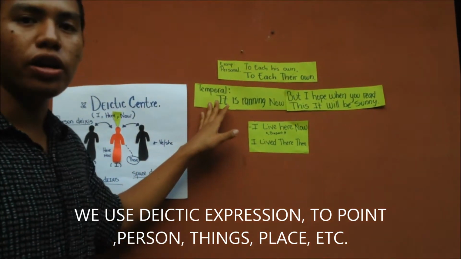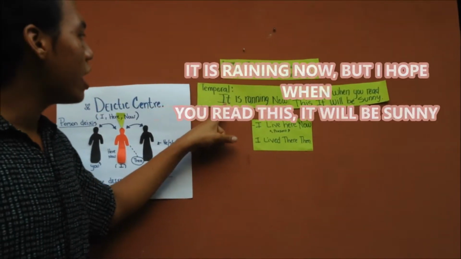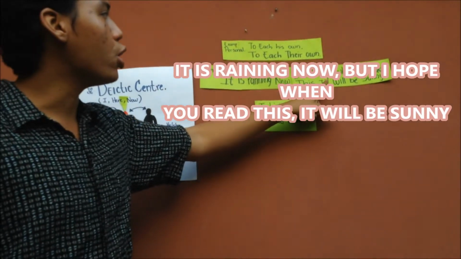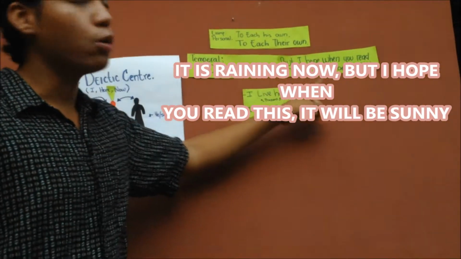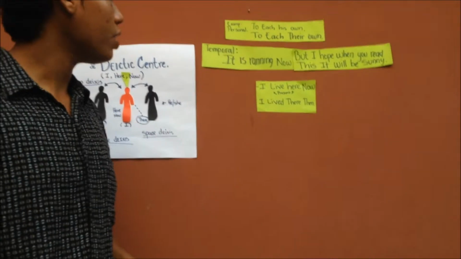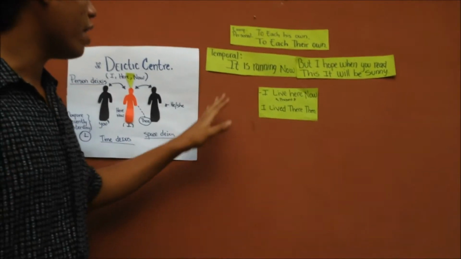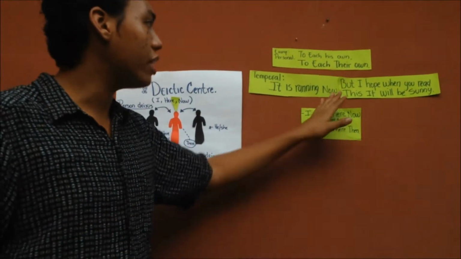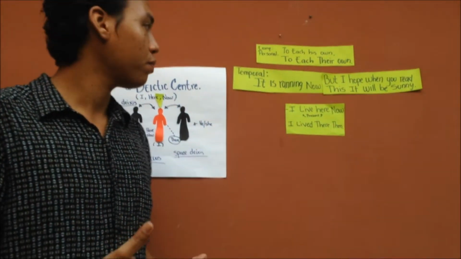We have another example here, temporal deixis. "It's raining now, but I know when you read this, it will be sunny." It means that when the reader reads the text, it will probably be sunny.